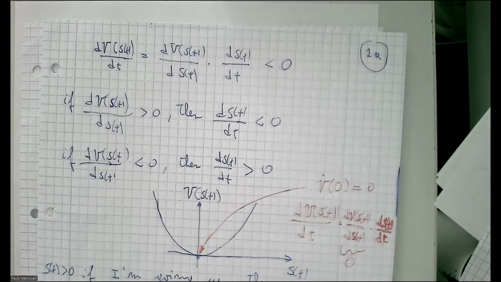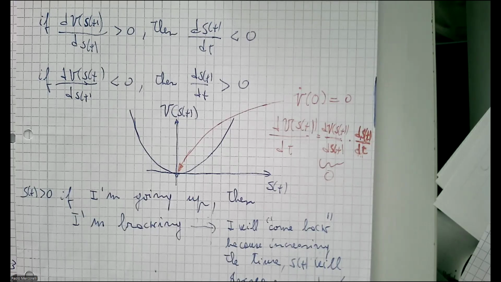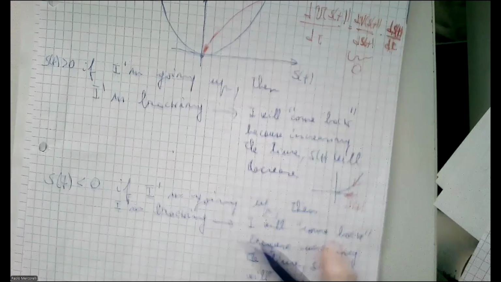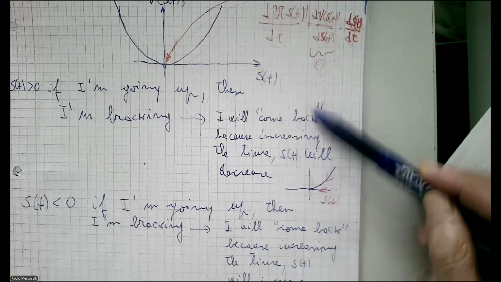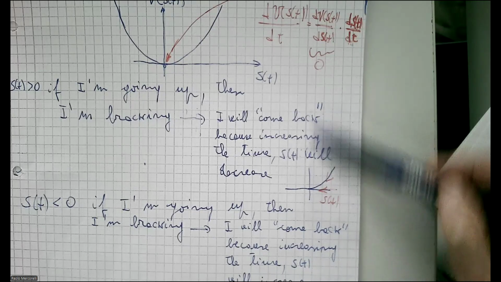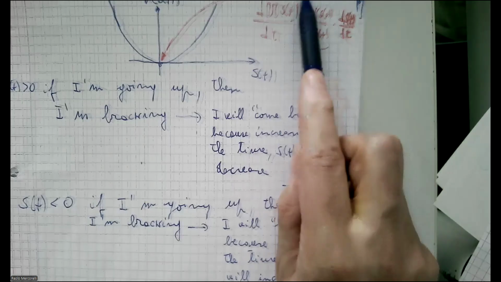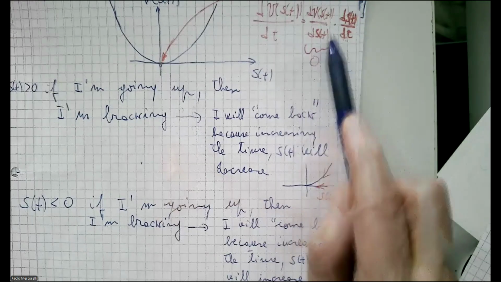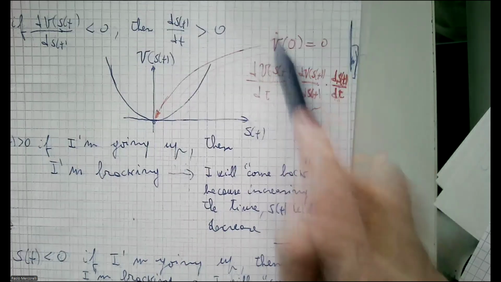And let me show you a little bit better, explaining what I already told you with this scheme here. At point 0, it's 0 because the derivative of v with respect to s is 0. You remember this concept here again, as I told you before.